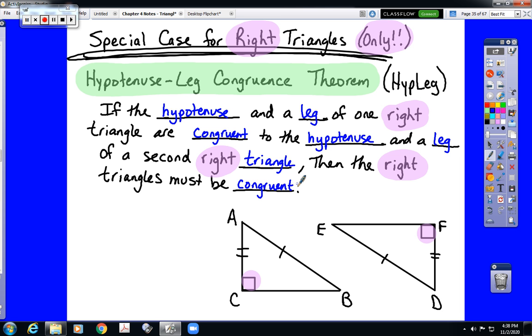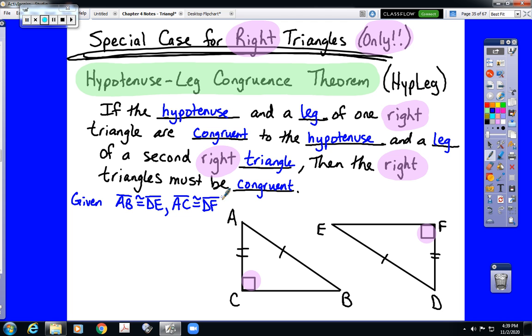So in the picture we have right triangles, and we have the hypotenuse, that AB is congruent to DE. Those are the hypotenuses. I'm not sure if that's the right plural. The hypotenuse of the first triangle is congruent to the hypotenuse of the second triangle. And we have a set of legs. AC is congruent to DF.